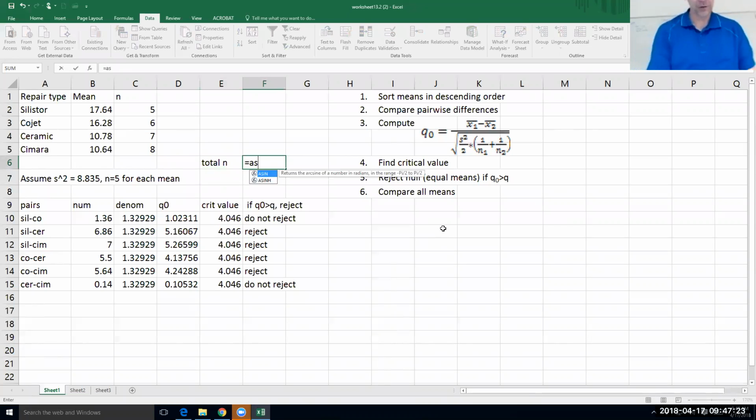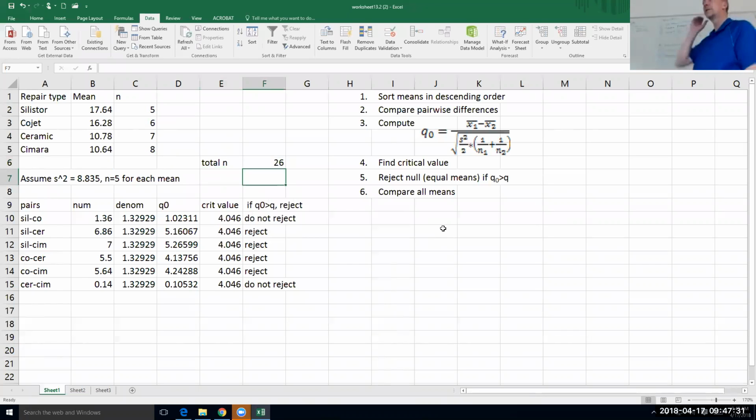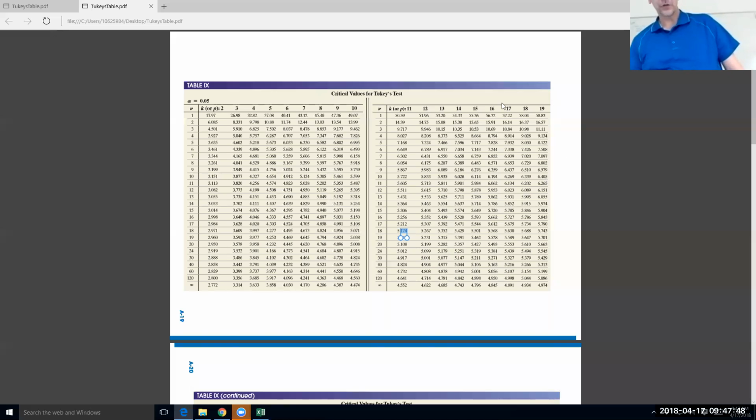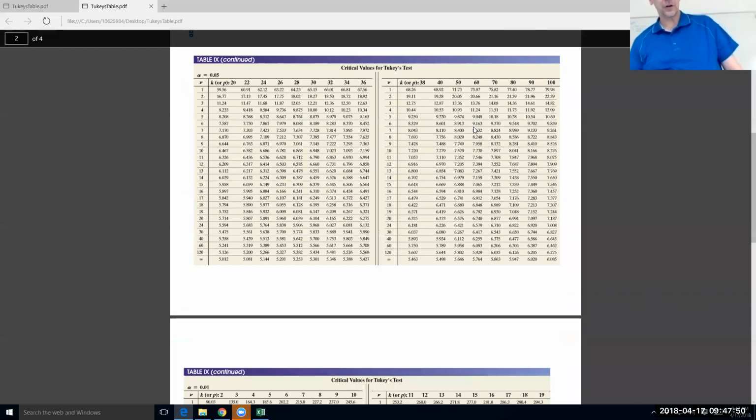Your total n is going to be the sum of these four here, which would be 26 in this case. So now our n has changed, but we've still got 4 means, right? 26 minus 4 would be 22.